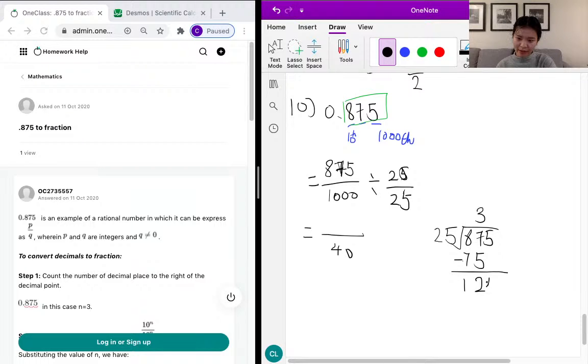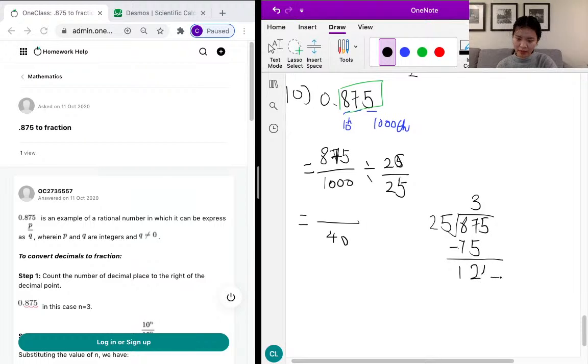And we drop the 5, which makes our number 125. So what number times 25 equals 125? That would be 5. So 5 times 25 equals 125, and 125 minus 125 equals 0. And that completes our long division.